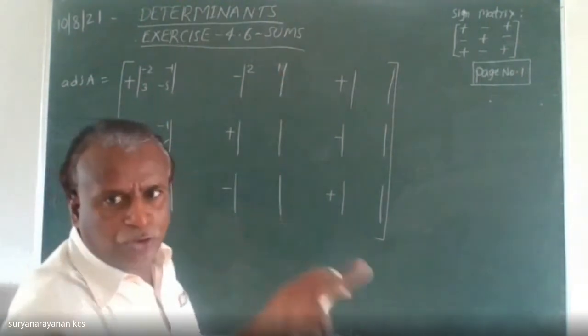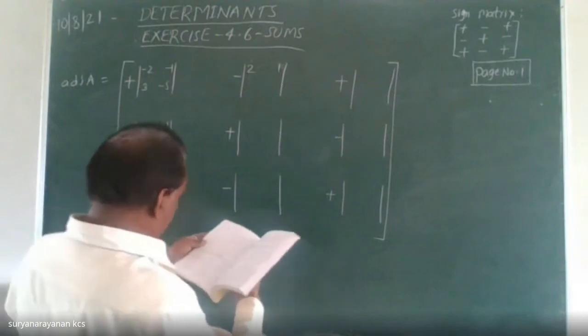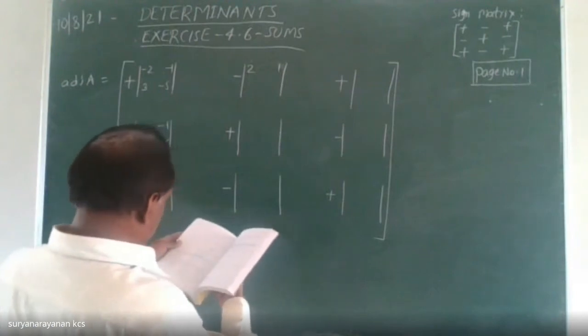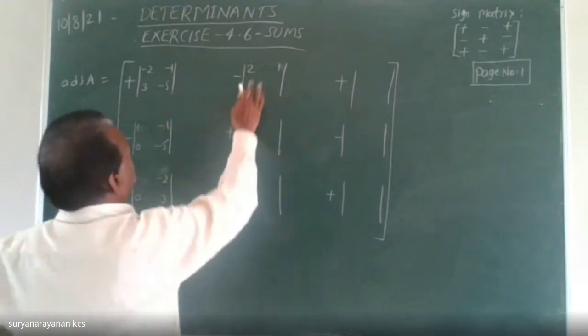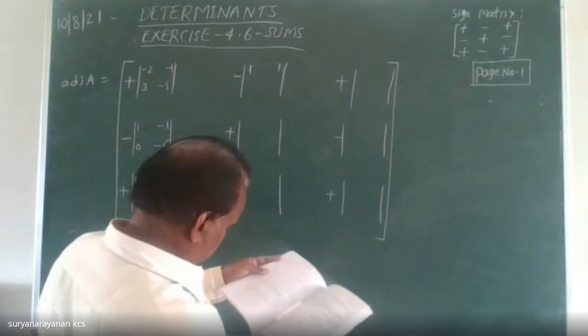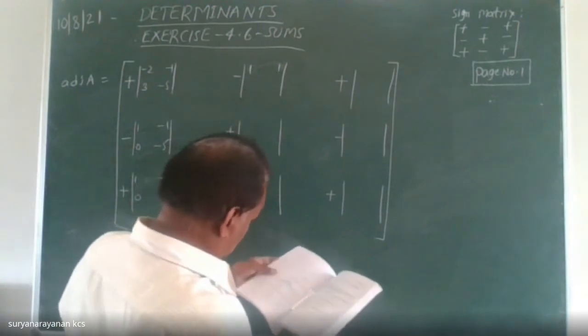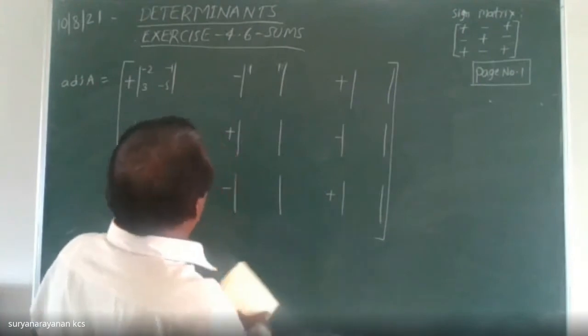Close the second row in the matrix A. 1, 1, 3, minus 5.